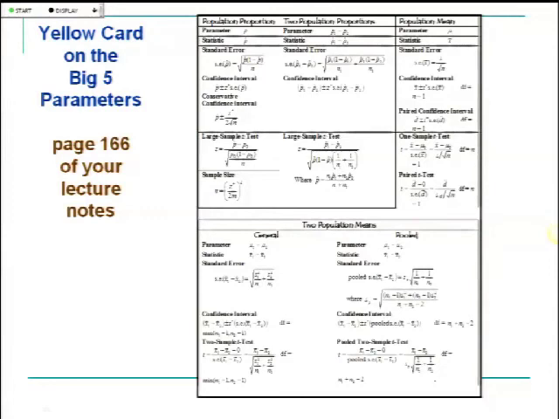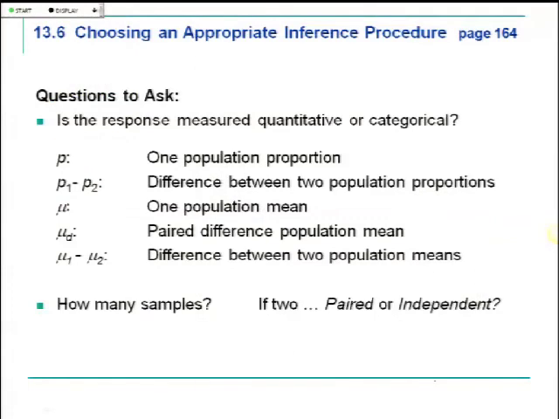There's a lot. We do want you to be able to choose the appropriate procedure. Can we take a look at page 164 for just a moment? And then we're going to turn to that name that scenario. I'll give you a break to pull that out and look at it a moment. 13.6 is a short section in the text. It's a good one to read.